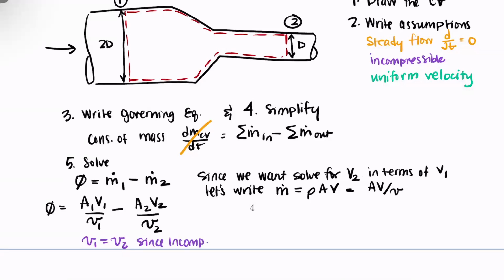So that means that we can multiply both sides of this equation by specific volume and just get rid of it entirely, right? So what we have left is that A1 V1 is equal to A2 V2, or V2 is equal to A1 over A2 times V1.